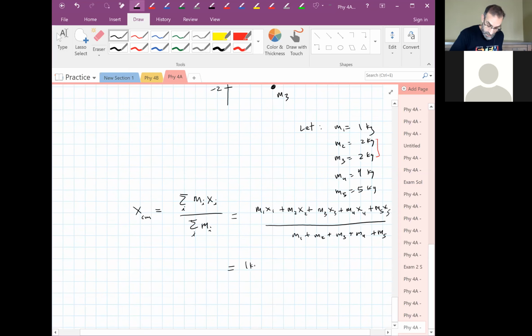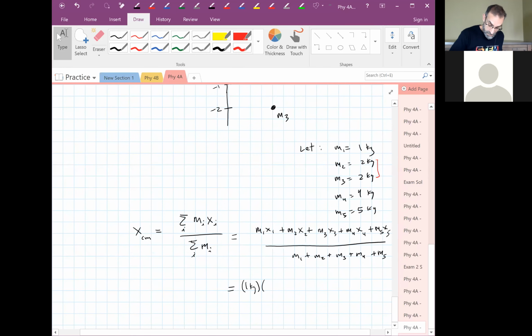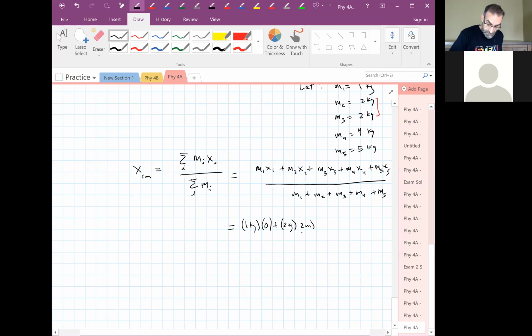I have 1 kilogram times, what's the position of block M1? X equals 0. So I put 0 in there. And block 2 is 2 kilograms, and it's at X equals 2 meters. And block 3 is 2 at 2 meters.